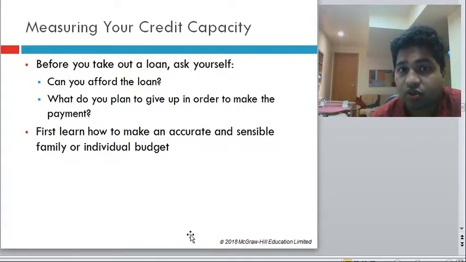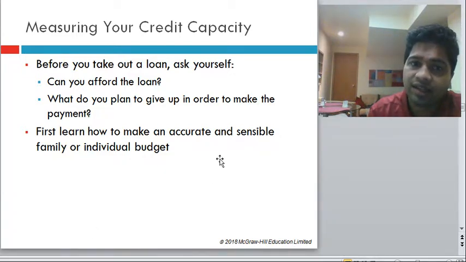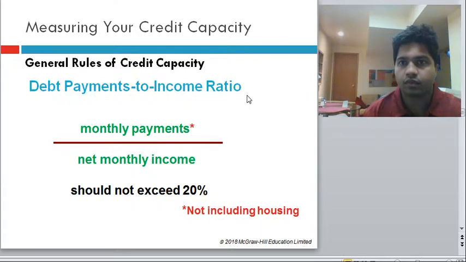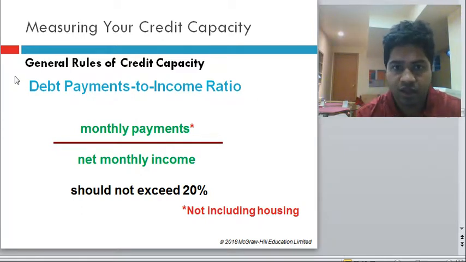Before you take out a loan, ask yourself: can you afford the loan? What do you plan to give up in order to make payments? First, learn how to make an accurate and sensible family and investment budget, and then take on a loan. The next topic is credit capacity, measuring how much credit, how much loan, you can take.